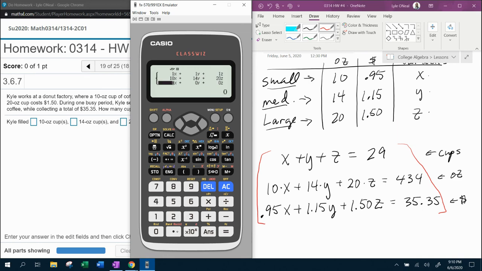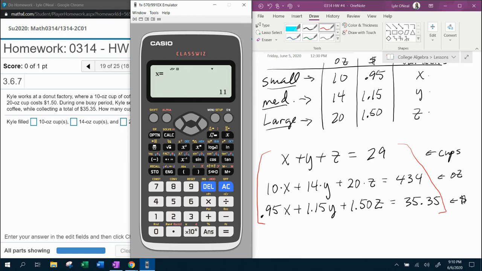And the last equation, 0.95, 1.15, 1.50, and 35.35, equals. Now, before I hit equals, remember what we're looking for. This is cups of coffee. So if I don't get whole number values, I know that I screwed something up, because you can't have part of a cup of coffee. Okay, here we go. Fingers crossed.